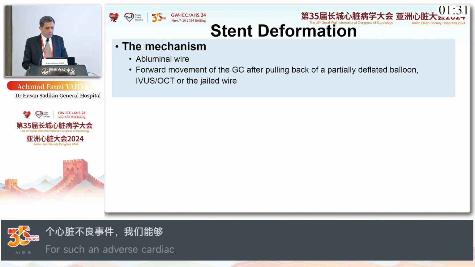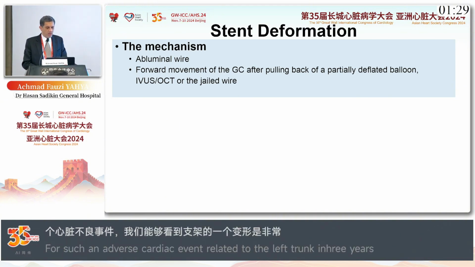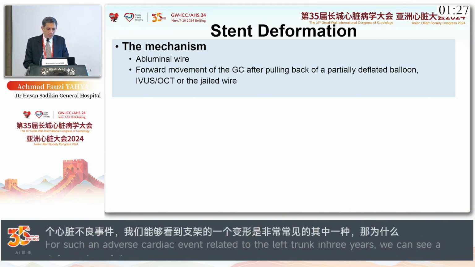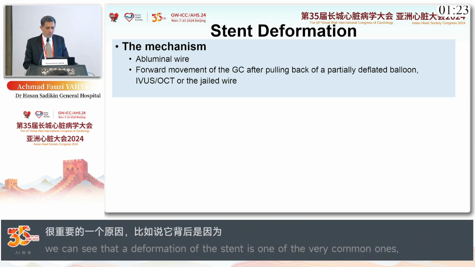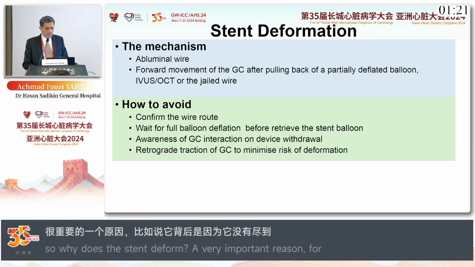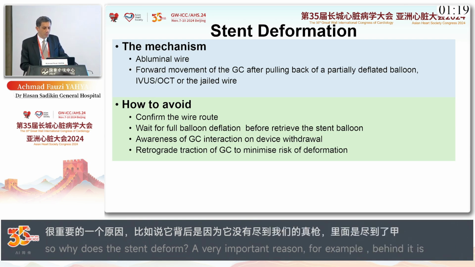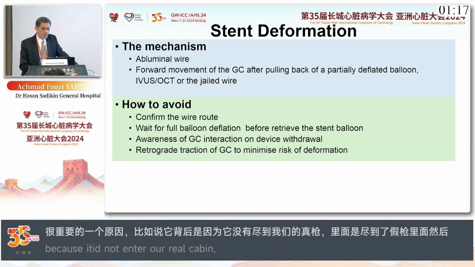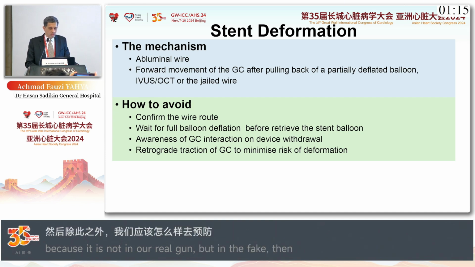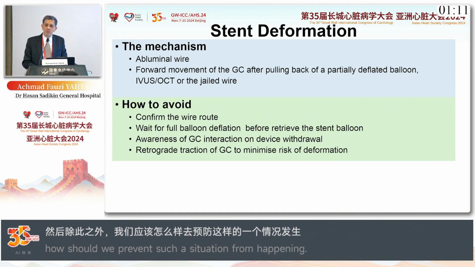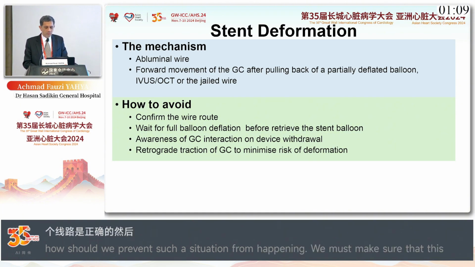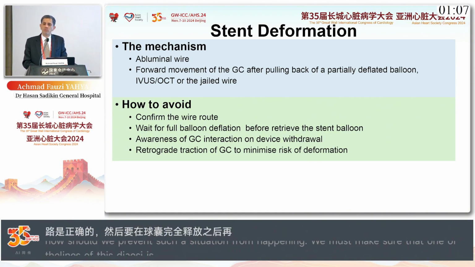Stent deformation can happen. The mechanisms: abluminal wire, forward movement of the guiding catheter after pulling back a partially deflated balloon. Detect by IVUS or OCT or the jailed wire. And how to avoid: confirm the wire route, wait for full balloon deflation before retrieving the stent balloon, be aware of guide catheter interaction on device withdrawal, and retrograde traction of the guiding catheter to minimize the risk of deformation.